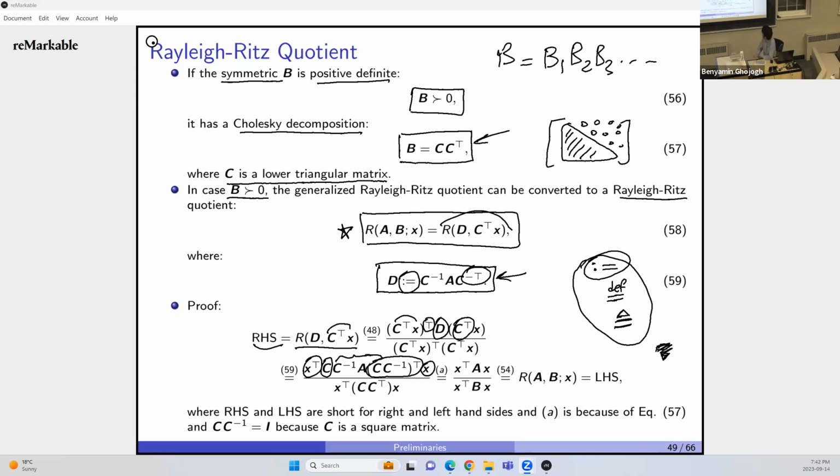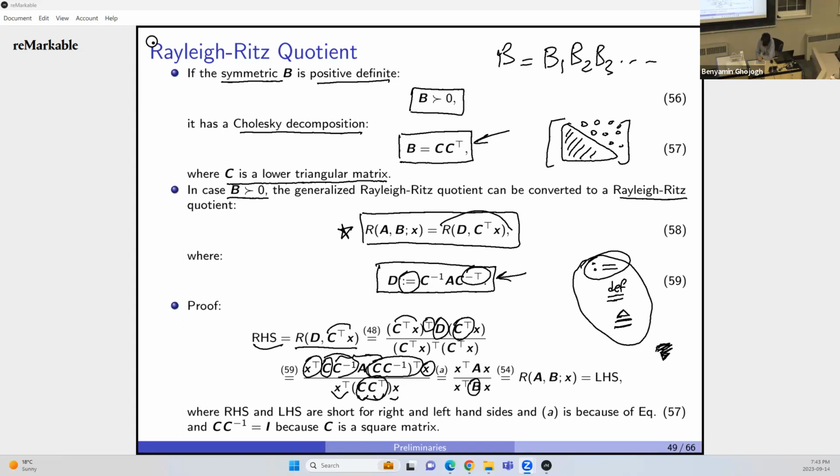That's it. So here we have this, and also this becomes X transpose C, C transpose X. Interestingly, according to equation 57, this is B, right?